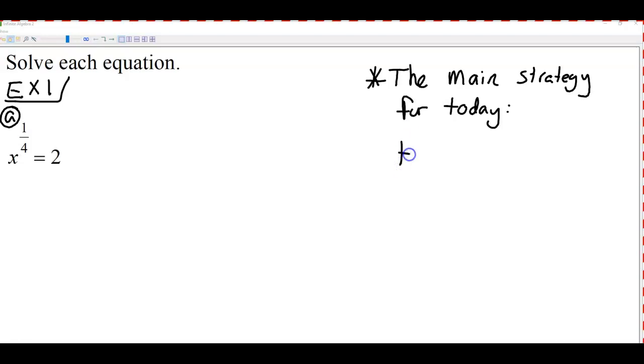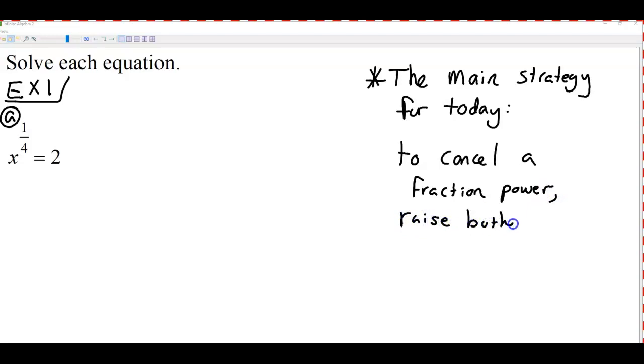To cancel a fraction power, we're going to raise both sides of the equation to the reciprocal power.